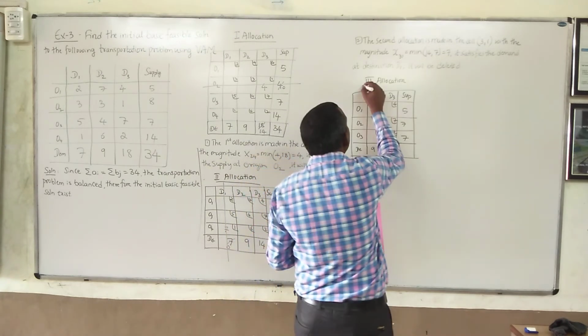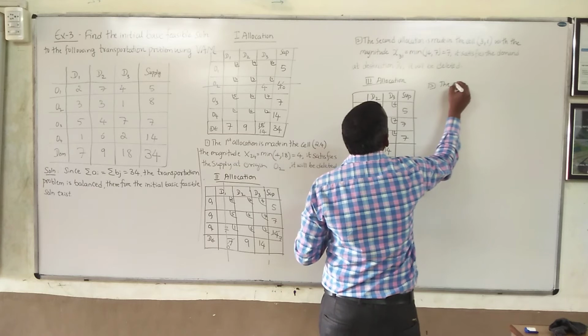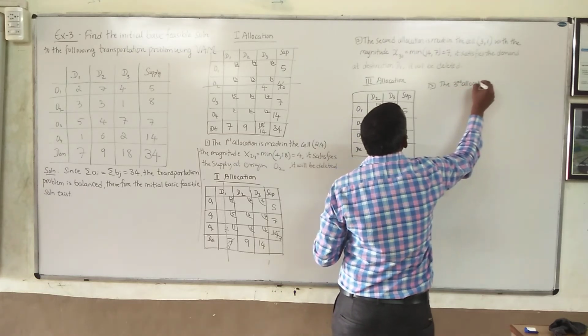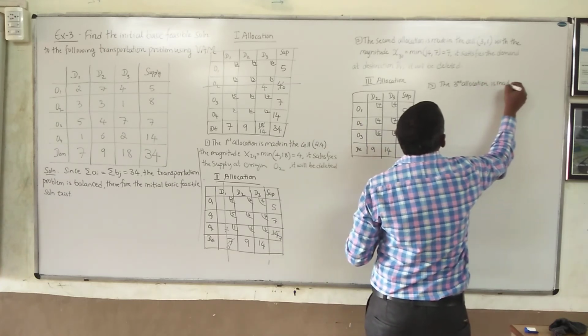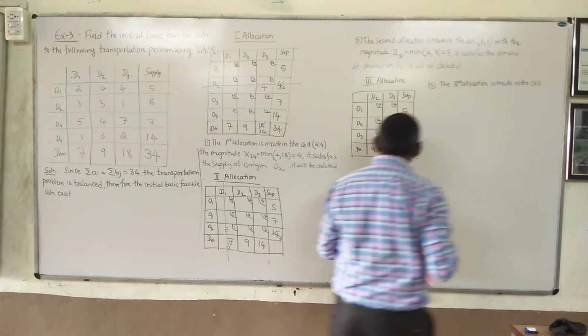So what I do here, the third allocation is made in the cell. What is the cell number?